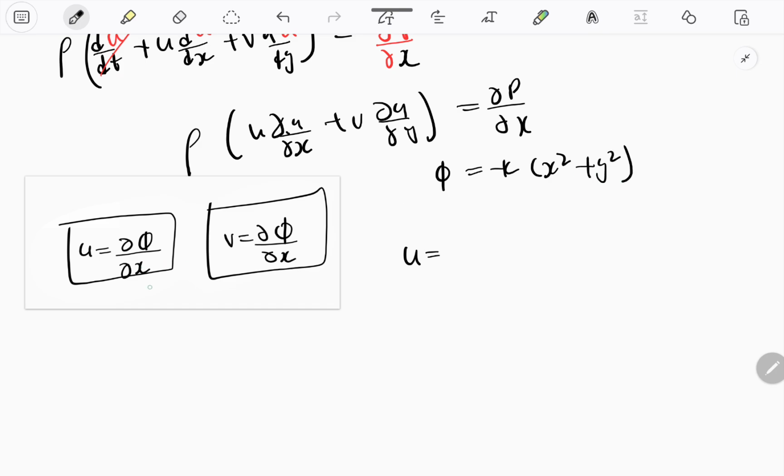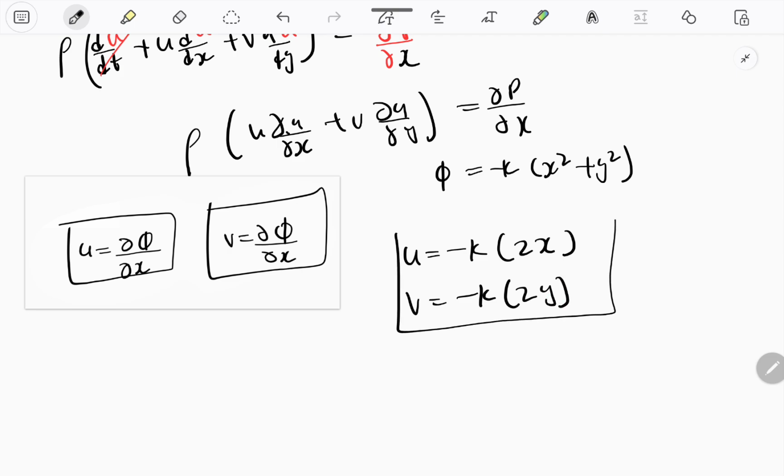If I'm deriving that in terms of x, only this term will be influenced, it becomes 2x, and then this one will become nothing. Then for my v, deriving this in terms of y now, taking the common factor, this will go down, I'll have 2y. So these are what we're looking for.